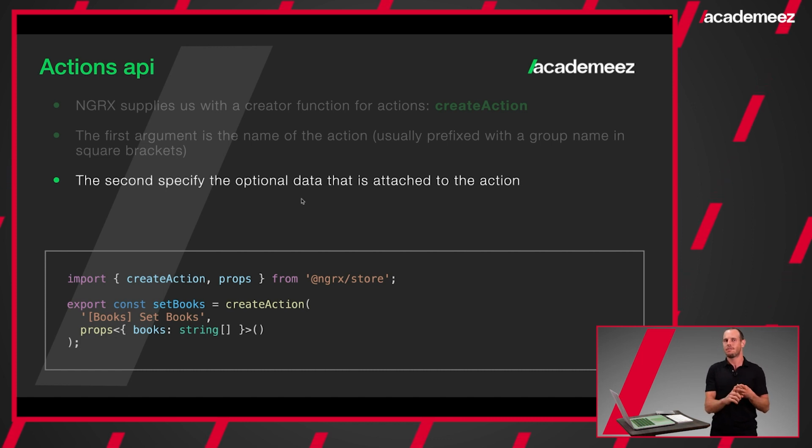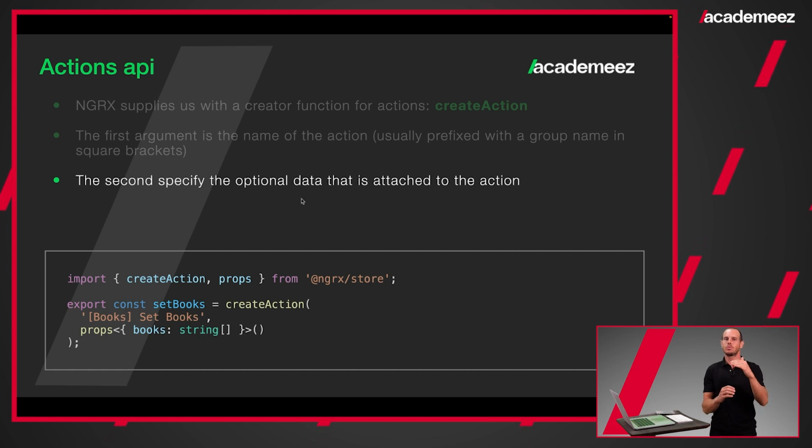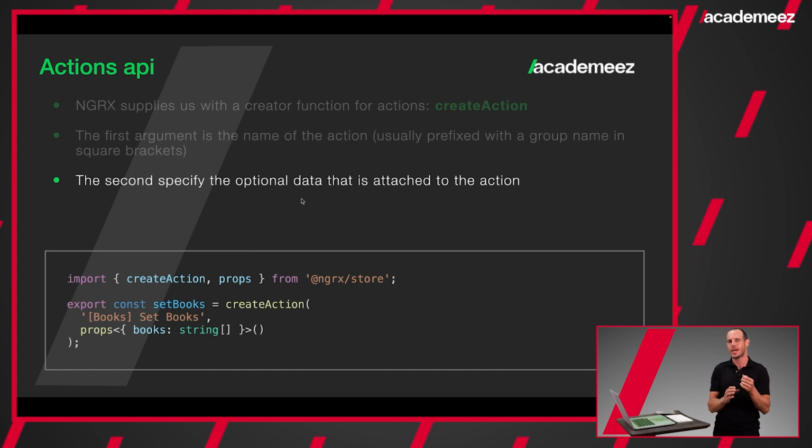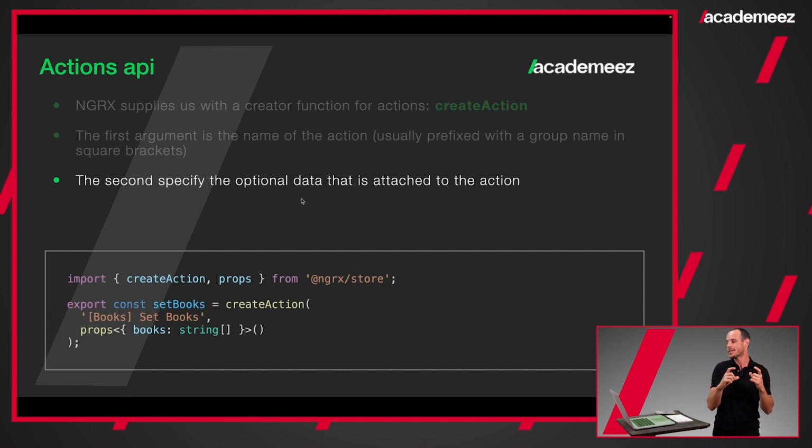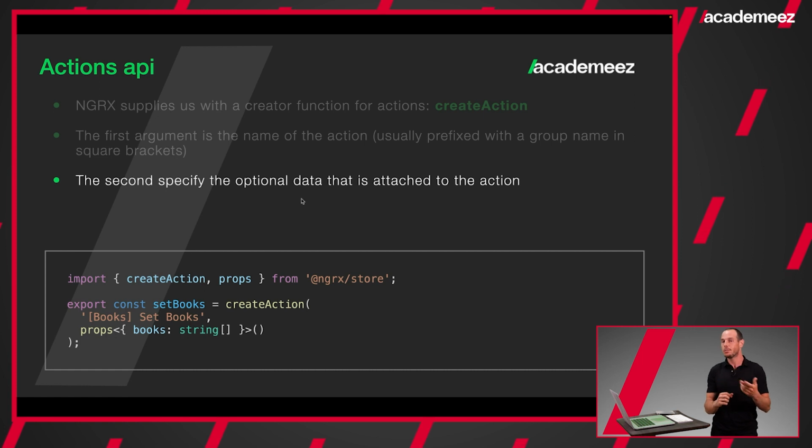Also, the second benefit is that when you use the Redux dev tools, it feels much more understandable and organized if you can actually see the actions that happen and understand which groups those actions belong to. So this is the first argument, the name of the action, and you usually group them in square brackets. So in this example, the action belongs to a group of books, and the action is called set books. So this is the first argument to name the action.